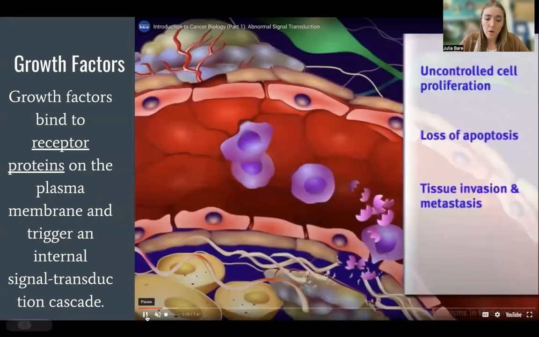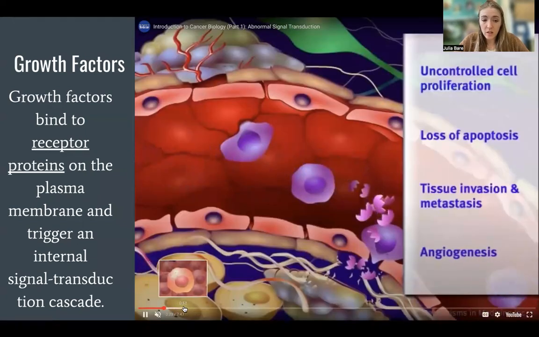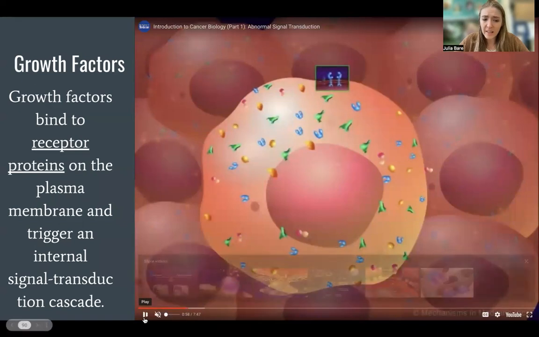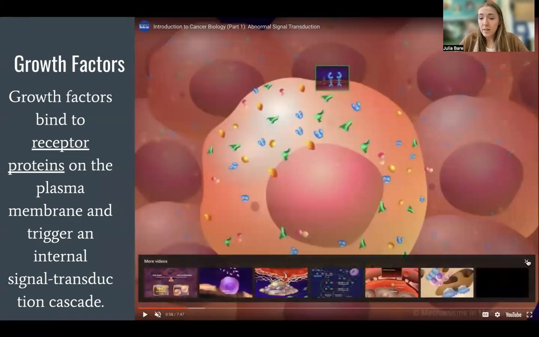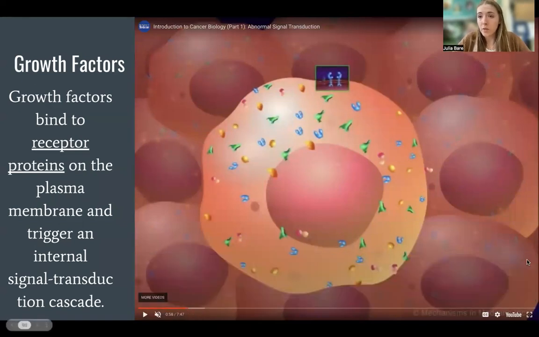I'm not going to play it right now, but this is just a reminder of signal transduction pathways, and I'll show you some of the screenshots of it. This process of growth factor signaling is basically a ligand binding to a receptor. We've seen ligands and we've seen receptors very frequently in this unit 4 of AP Bio. So if we're looking at this cell, we've got a bunch of different proteins.